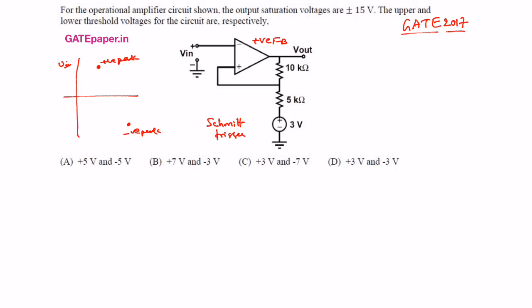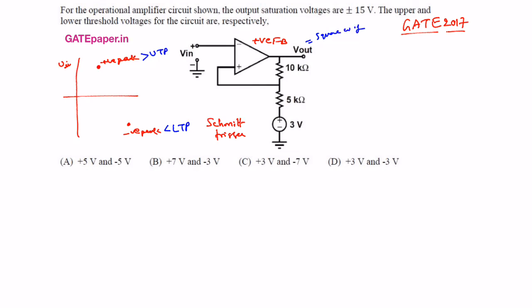If the positive peak is greater than the upper threshold point and the negative peak is less than the lower threshold point of the input waveform, then that will be converted into a square waveform. V out is a square waveform.